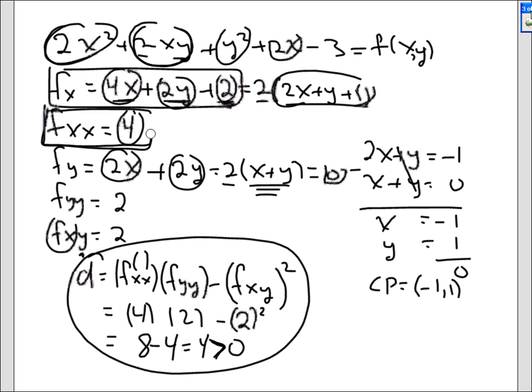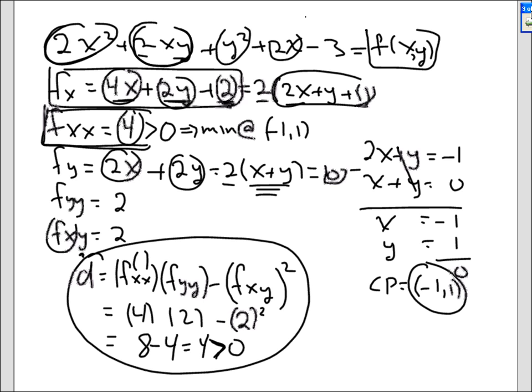Since d was bigger than 0 and f_xx is bigger than 0, that implies we have a min at negative 1, 1. If you want to know what that min is, plug in negative 1 and 1 and work it out. You'll get your answer. But I guarantee you, we have a min at negative 1, 1.